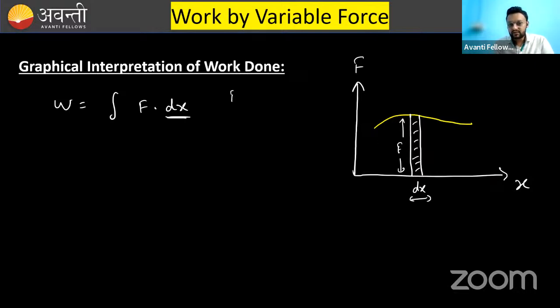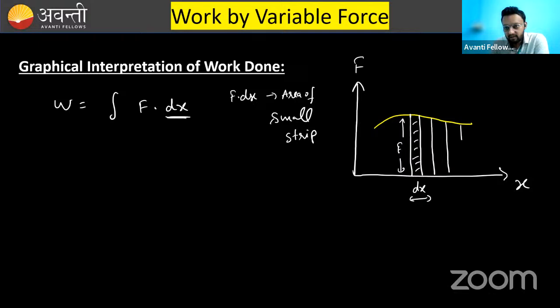Here, F dot dx is the area of a small strip. If I take a lot of small strips like that, then on integrating, I will get the area of the complete portion.